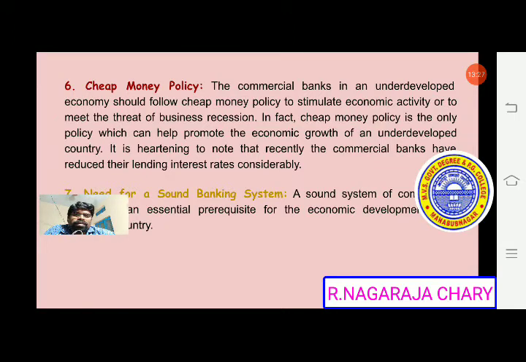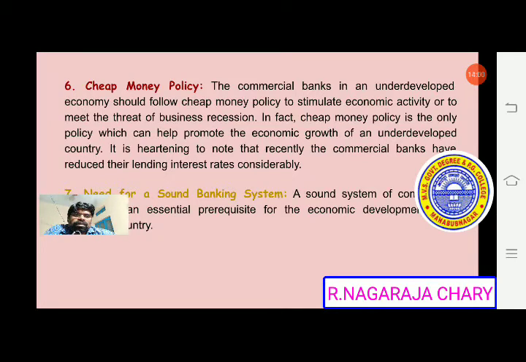So this money policy is taken, and all the commercial banks are to follow it to stimulate economic activities in rural areas, in business areas and backward areas, and where the needy persons and needy organizations are there. So that's why the rate of interest is to be reduced considerably. So that's why this is the money policy system.